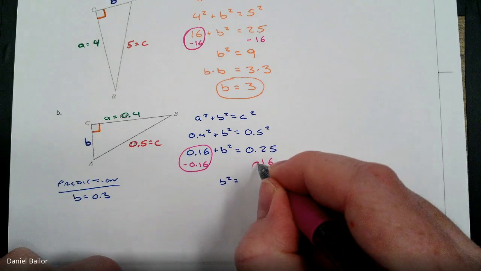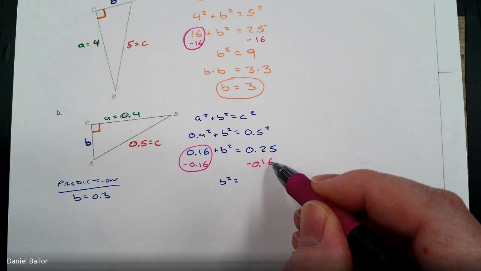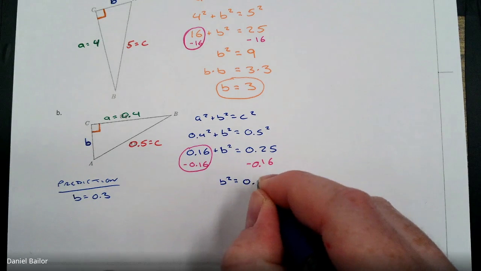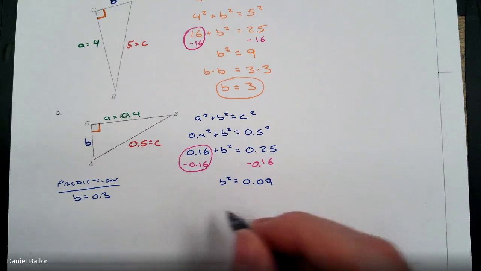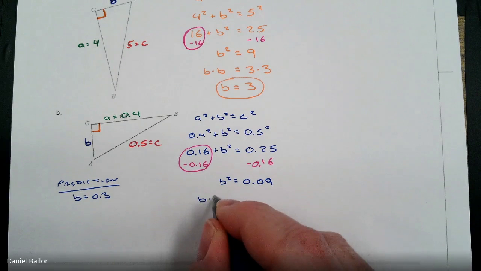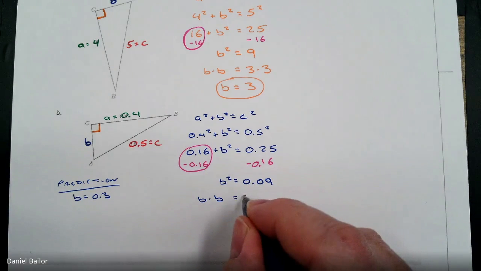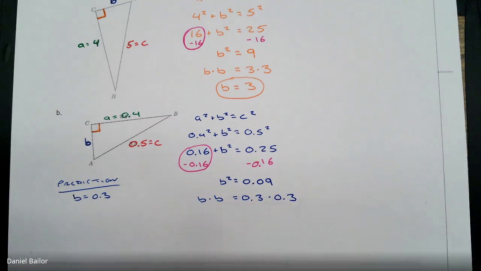So 25 hundredths minus 16 hundredths is going to be 9 hundredths. If you do the subtraction, 9 hundredths. Now we know B times B has to equal whatever this is. So this is actually going to be 0.3 times 0.3.